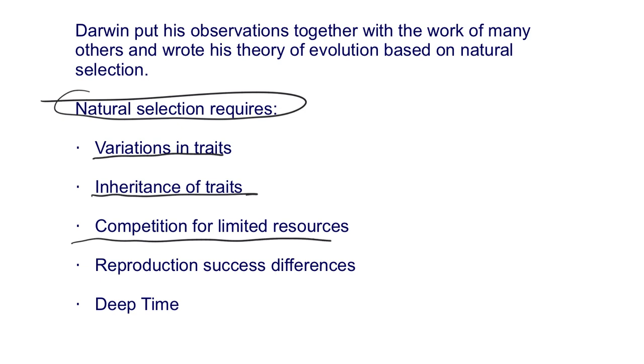Okay, because there are limited resources, think about the food, there's going to be competition within a population to obtain those resources. And any adaptation that reduces the competition, like with the finches, where competition was reduced with the different shaped beaks that arose from mutations.